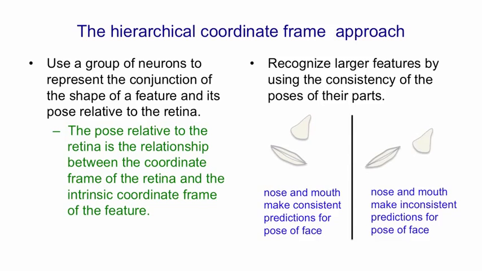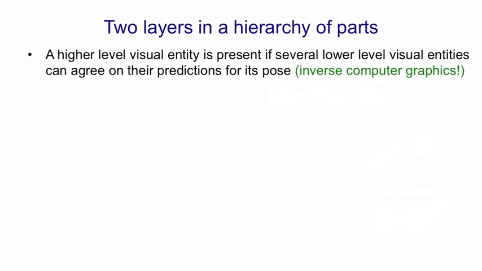If you look on the right here, we have the same nose and the same mouth, but now they're in the wrong spatial relationship. And that means that if they separately make predictions about the pose of the whole face, those predictions won't agree at all. So here's two layers in a hierarchy of parts, where the larger parts can be recognized by consistent predictions from smaller parts.